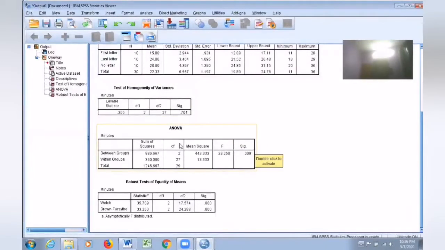In the ANOVA test, you can see two lines here: between groups and within groups. Between groups means, is there any difference between the groups? We have got 3 groups. Among the 3 groups, data will be analyzed and an answer will be given. Within groups means the variability within our groups, which we cannot control for.